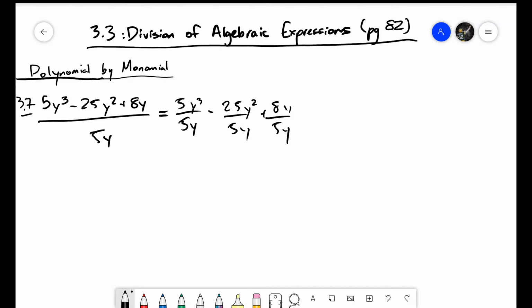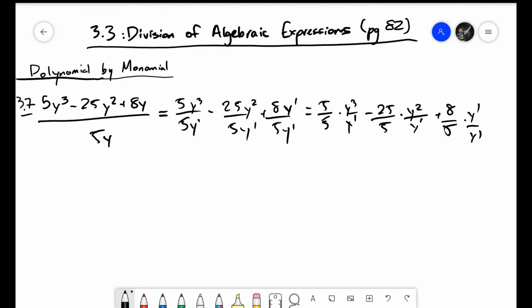And we can again write all the y's as y to the 1. Then this is equal to 5 over 5 times y cubed over y to the 1 minus 25 over 5 times y squared over y to the 1 plus 8 over 5 times y to the 1 over y to the 1. So then 5 over 5 is equal to 1.